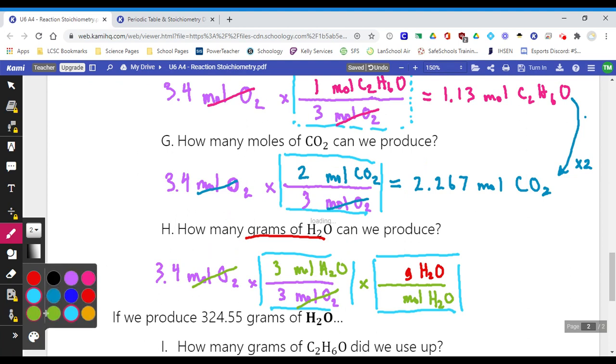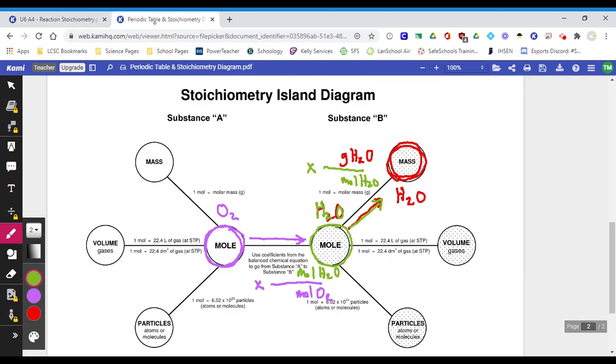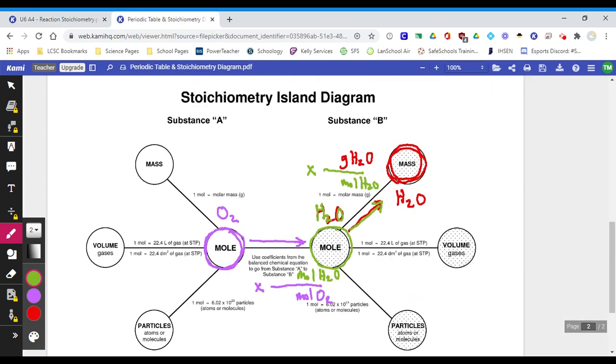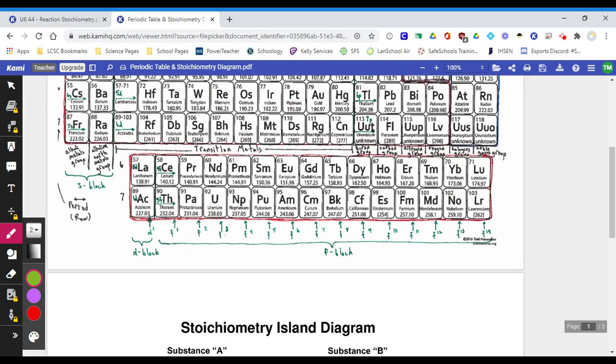So I put a 1 there for my H2O. And then what is the molar mass of H2O? How many grams of H2O are in 1 mole of H2O? Well, I just add up the numbers from the periodic table. I happen to have a periodic table up here.